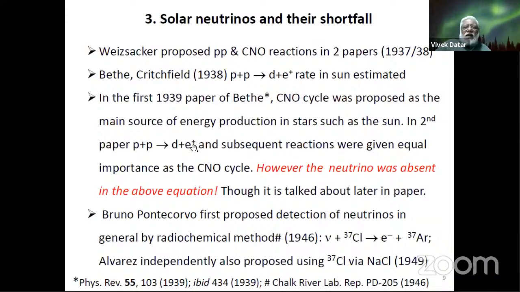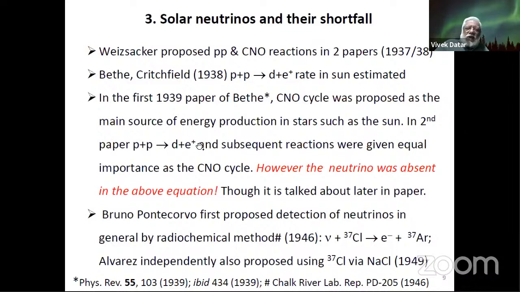And interestingly, he didn't put the neutrino there. The neutrino is absent in this equation. So you can see that, for instance, angular momentum conservation is violated. Not that Bethe did not know of that, but I think he just avoided putting the neutrino because he thought that it had not yet been found and was very unlikely to be found.